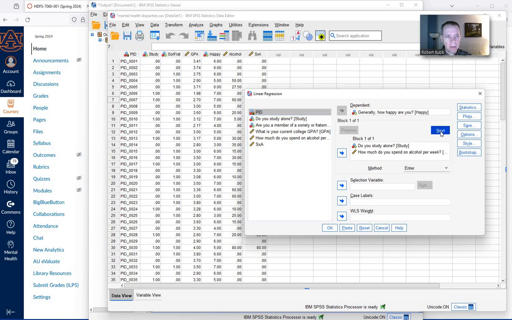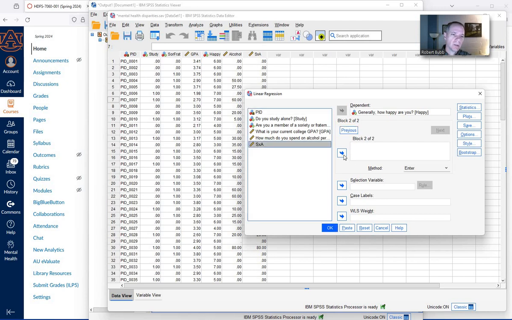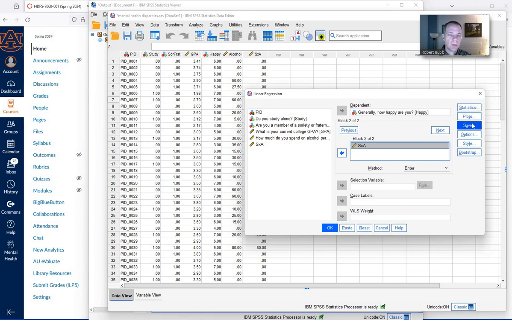I'm going to click that. That's going to take us to block 2. And in block 2, I'm going to add my interaction term. I don't need to change anything in statistics, and I'm not worried about plots right now. We'll check assumptions later in the semester. But essentially what we've done here is we've built a model where we have the first block being our main effects, our two predictors by themselves, and then a second block of the interaction. I'll click OK.